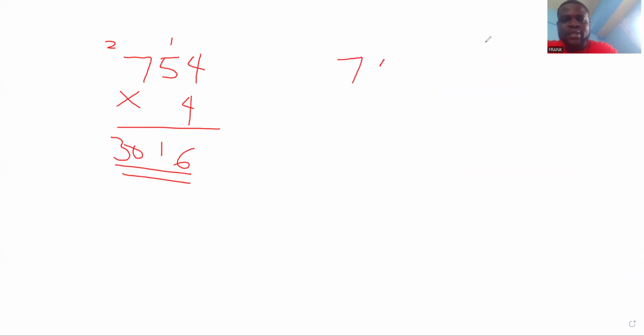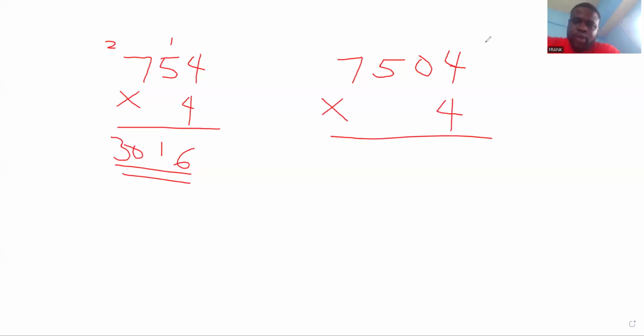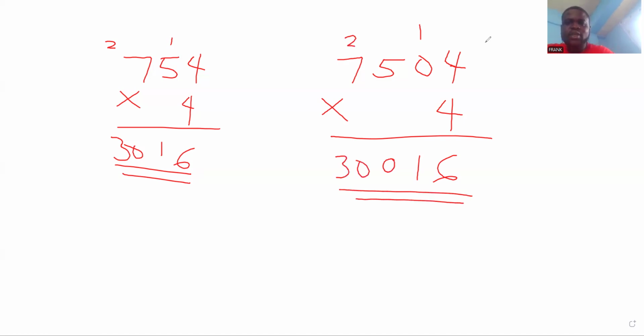Then we have 7504 as the second answer, multiplied by our divisor of 4. 4 times 4, 16. 4 times 0 is 0 plus 1, 1. 4 times 5 is 20. 4 times 7 is 28 plus 2, 30. We realize that we have 30,016 from the second one, which makes the 7504 right.